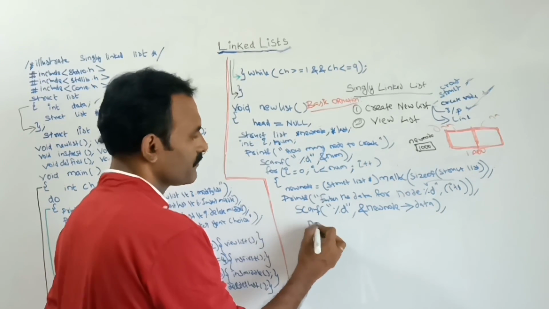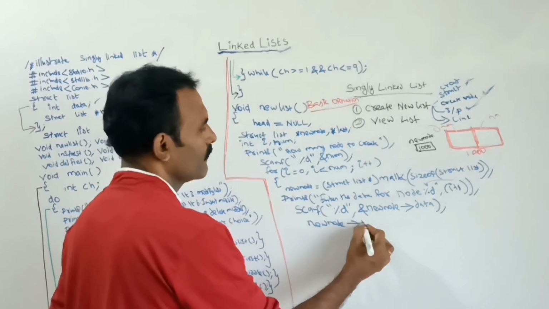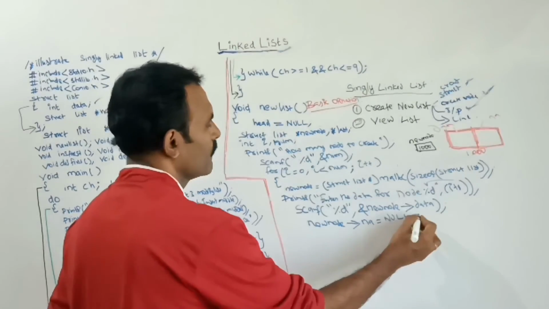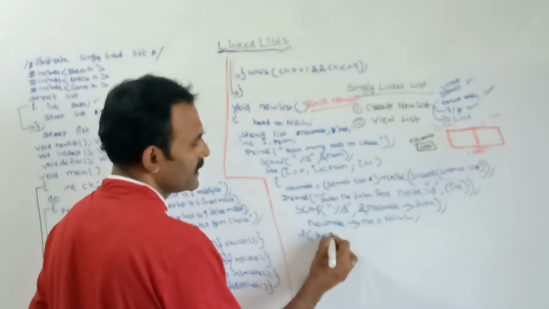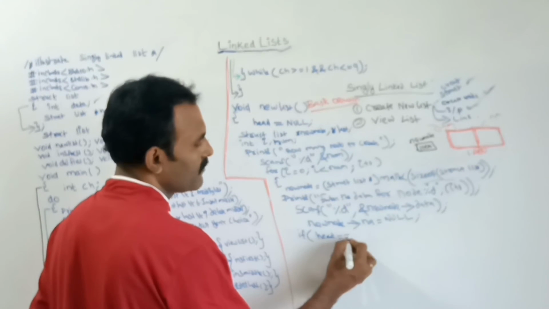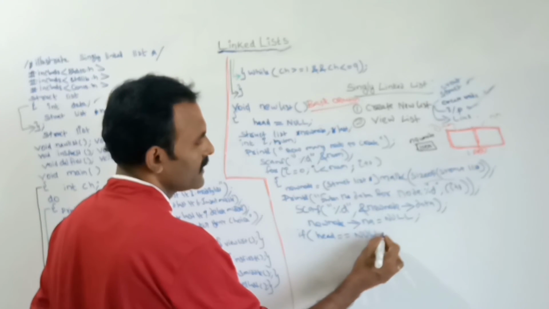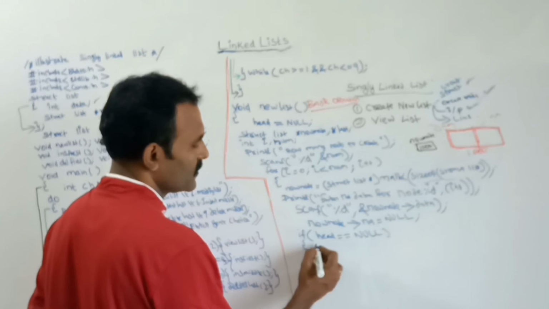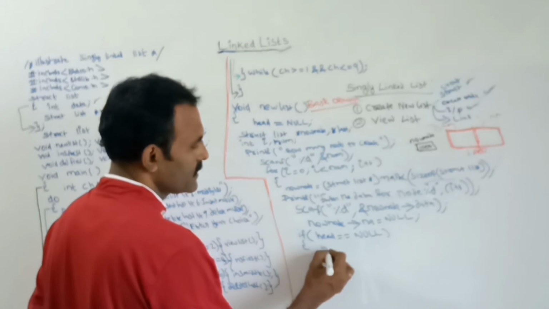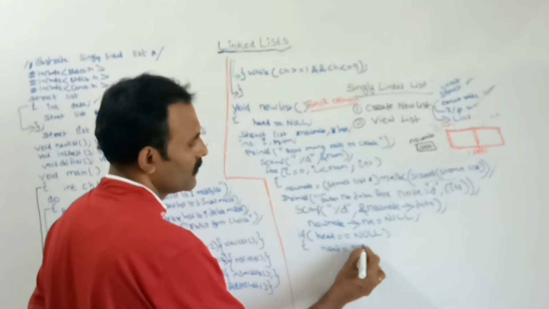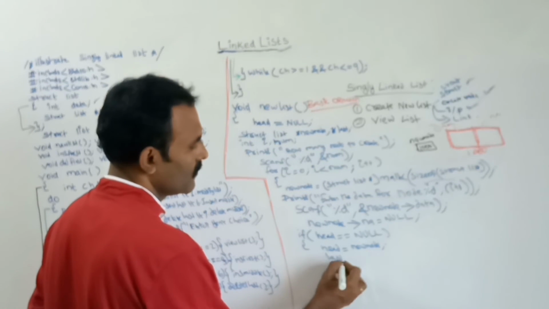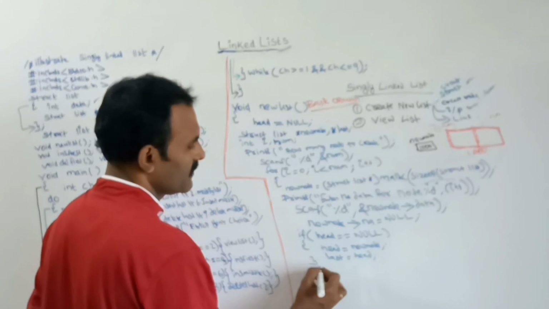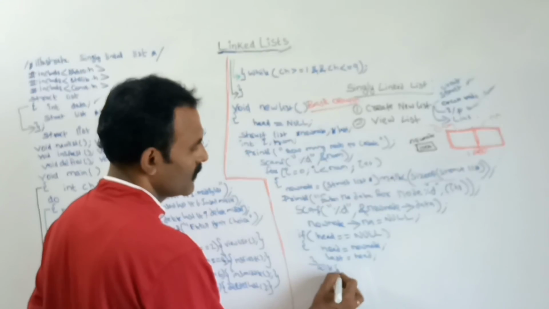Next, the head pointer variable is equal to, if it is null, then that is the very first node. So here I can give head is equal to, otherwise in the else part.